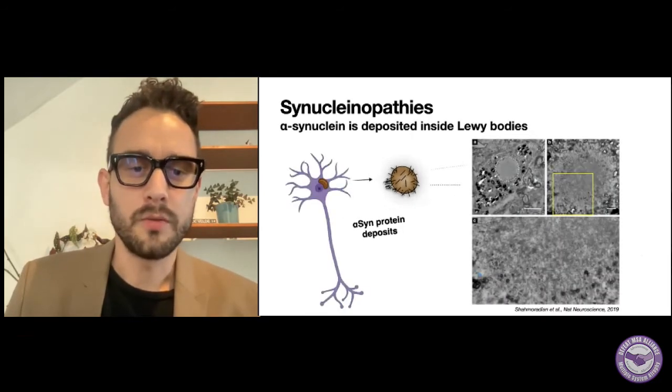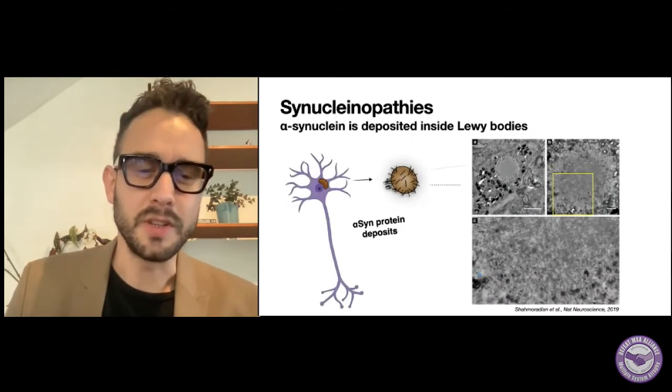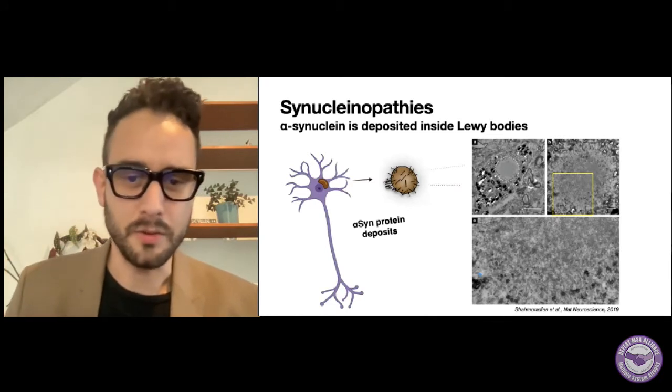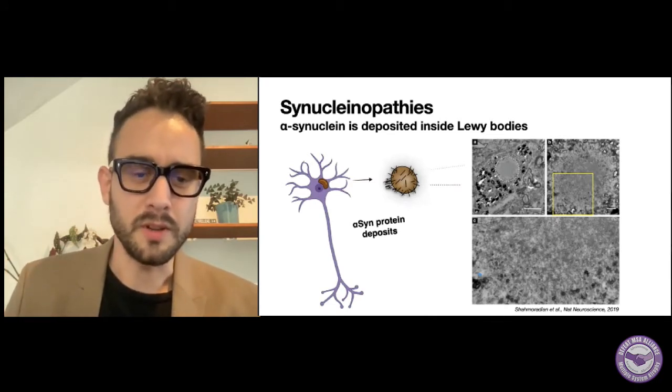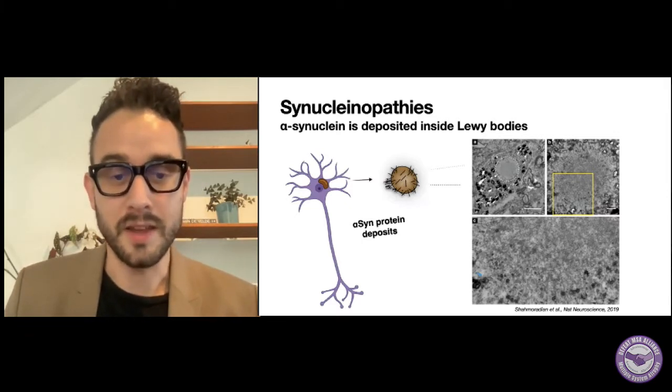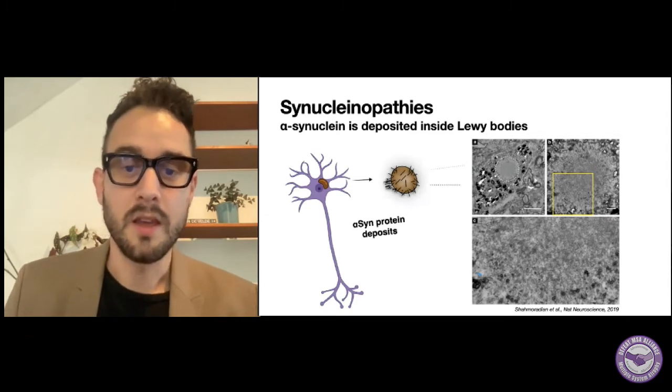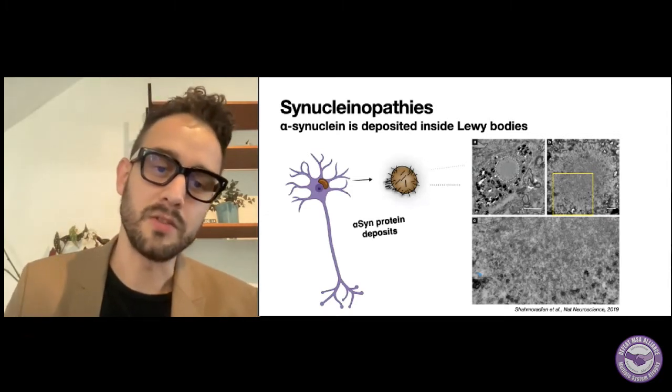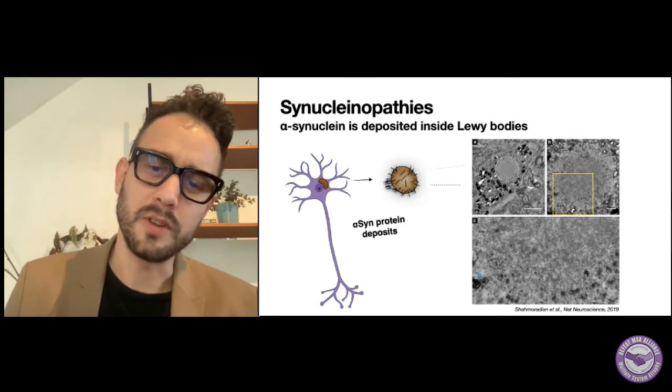So what are these synuclein deposits, or what are these aggregates? These synuclein protein clumps are basically big piles of synuclein protein that you'll find inside brain cells. If you make a high magnification image of such a deposit, you can see within this cell almost kind of a hole.